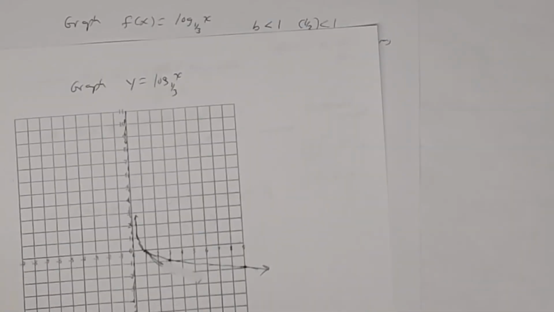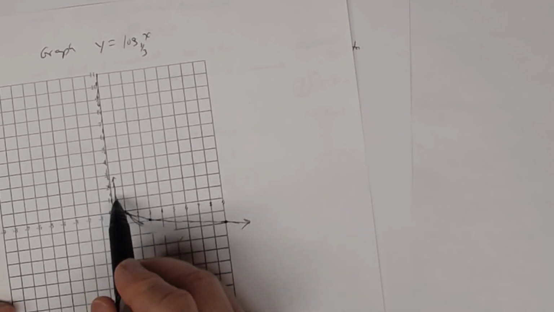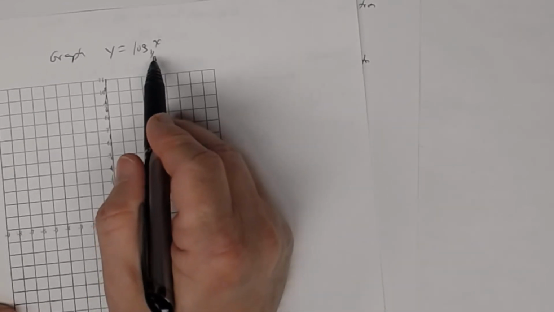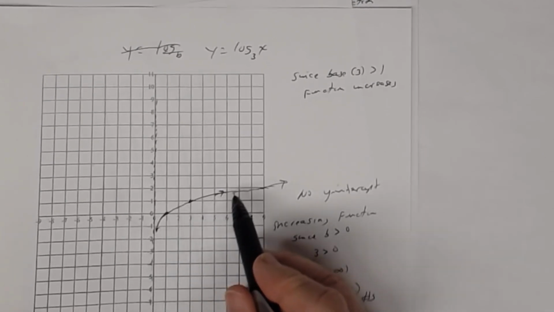If your base is less than 1, between 0 and 1, your function decreases. So 1/3 is less than 1, it decreased. Right here, 3 is greater than 1, your function increased.